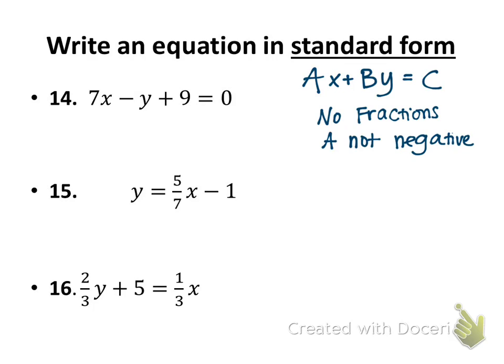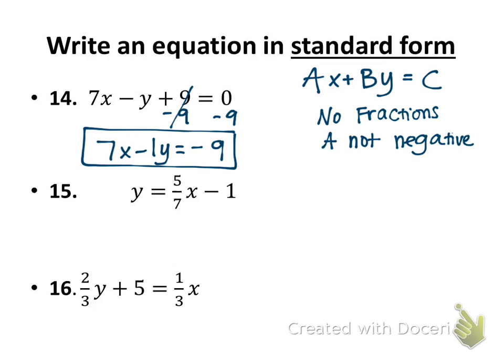So what do I do to move it to the other side? Subtract 9. 7x minus 1y equals negative 9. So let's ask ourselves, now everything's in order, right? AX, BY equals C. Does it follow my 2 rules? Are there any fractions? No. Is A a negative number? Nope. So this is my final answer in standard form.